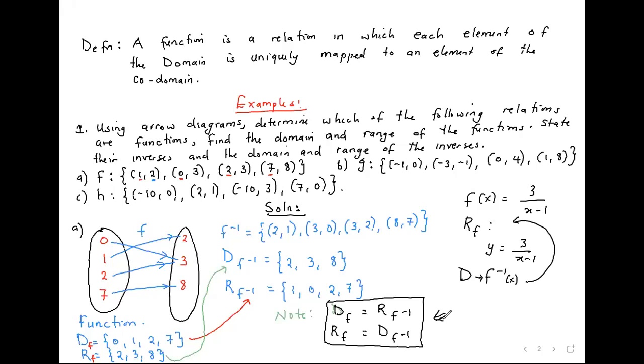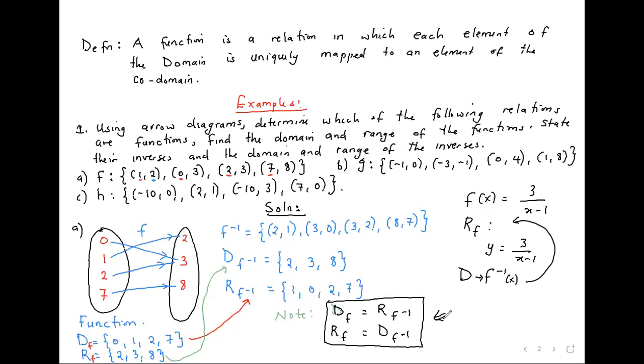Okay, so on the function, what do you mean on the function? How we are trying to interconnect the domain of the function and the function you've written, 3 over x minus 1.